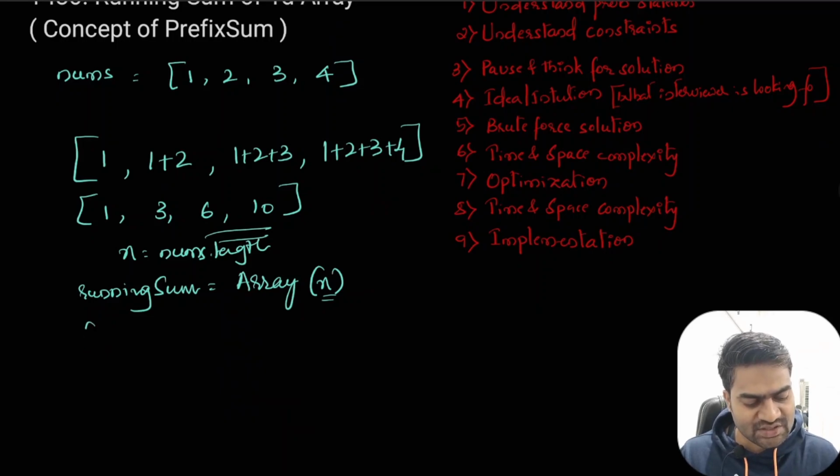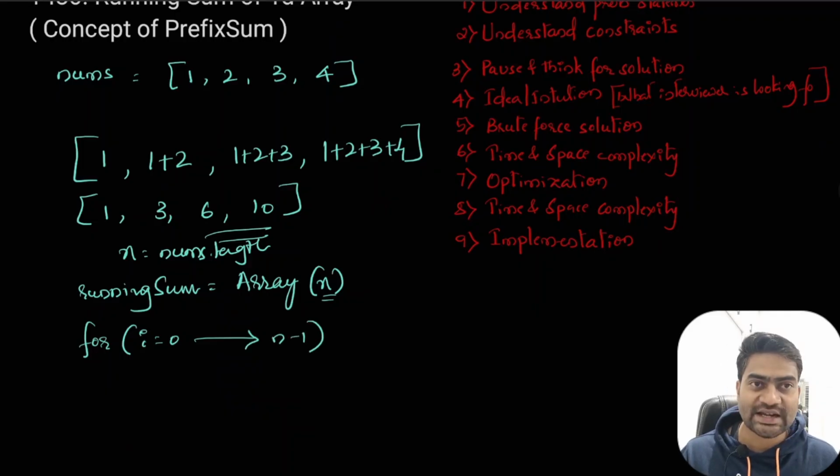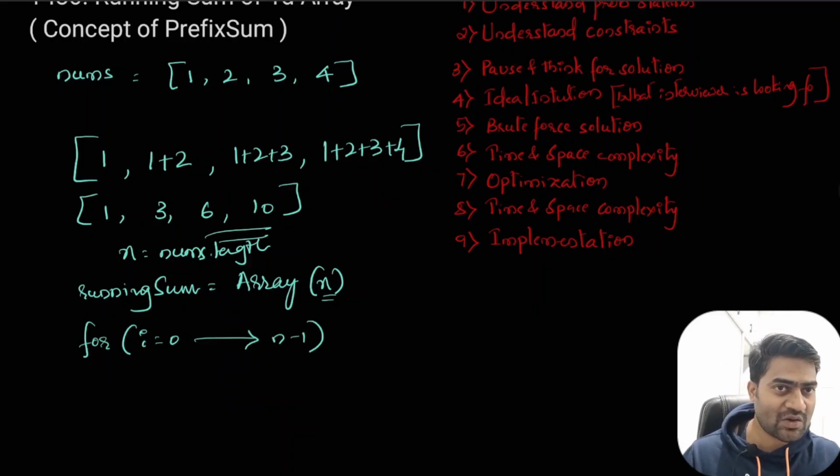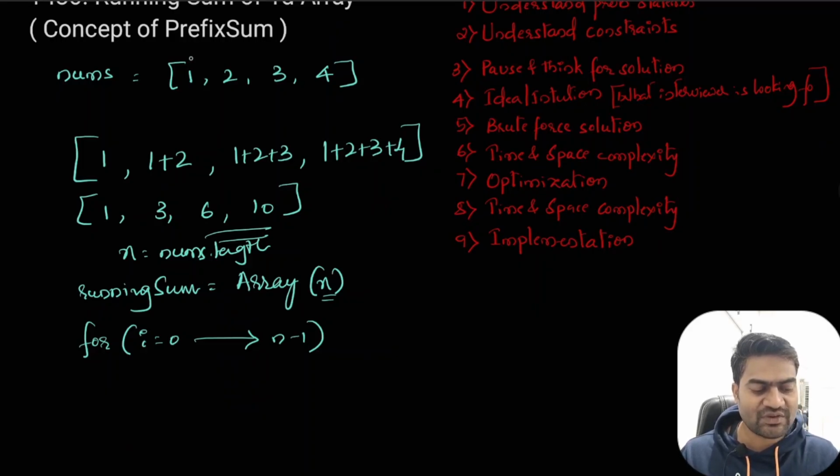Then I will use a for loop for i equal to 0 to n minus 1. There is no point in iterating from 0, because for the first number there are no numbers before it. So I will iterate from 1 to n minus 1.